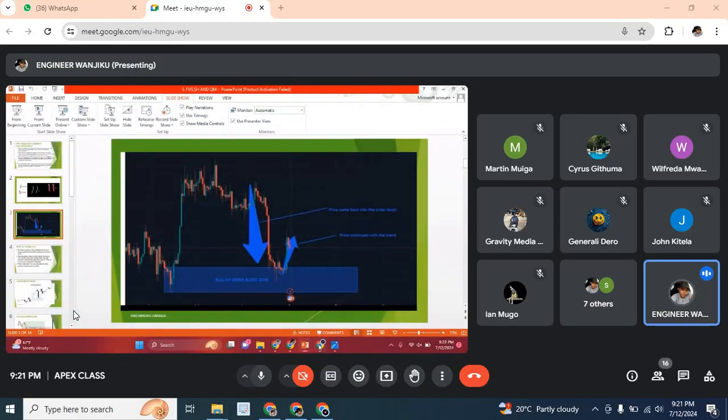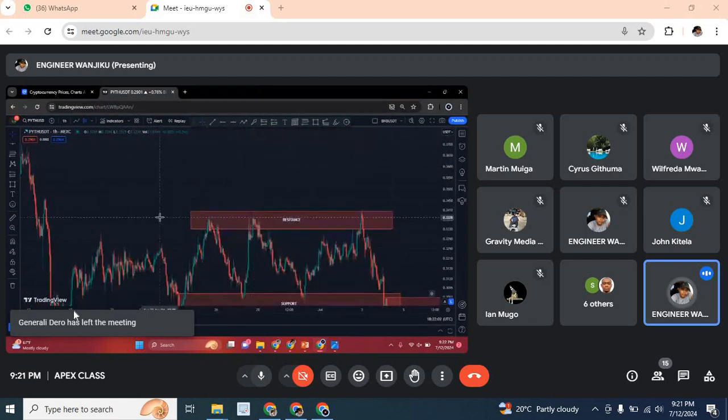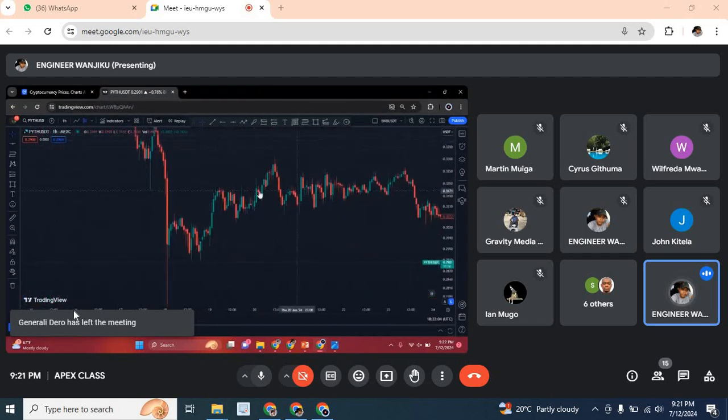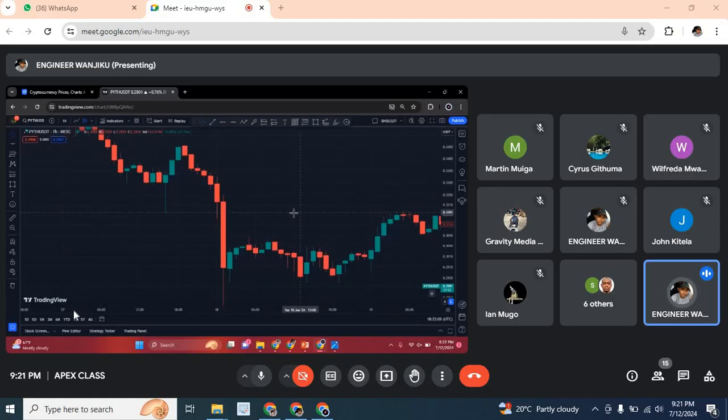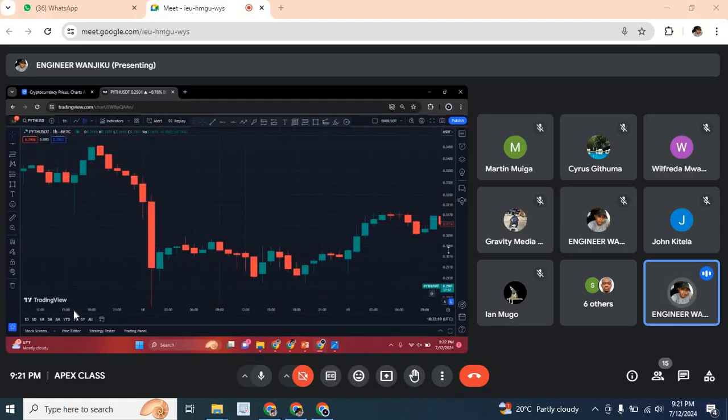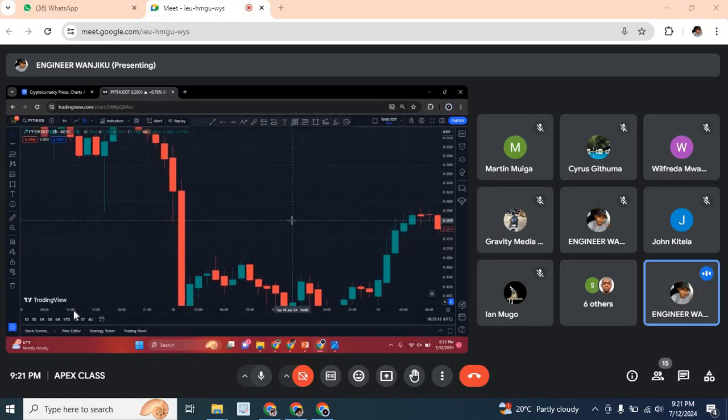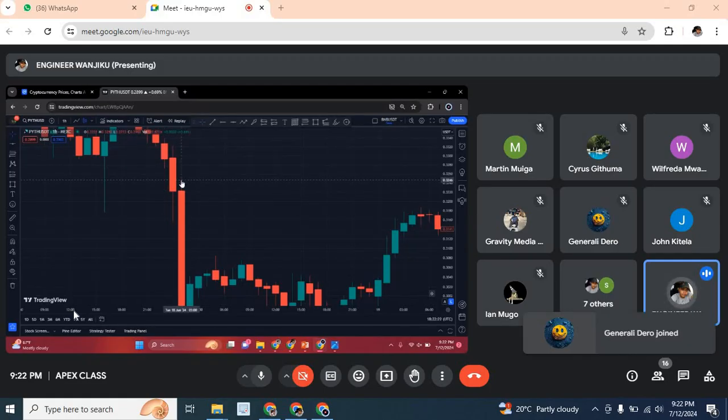Let's navigate to a chart right here, for example. We have three candles. This is an example of a bearish one. We have three candles following each other like this. We have the bottom of the first candle, or the lowest price of the first candle, and the topmost price, the highest price of the third candle.